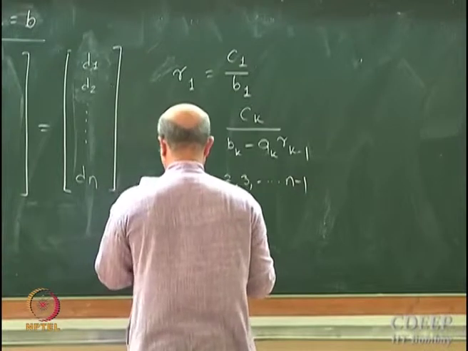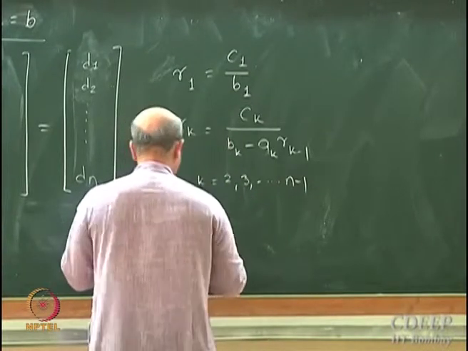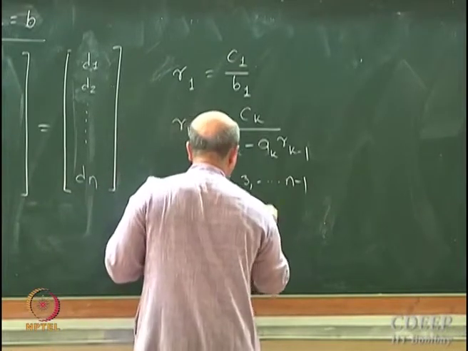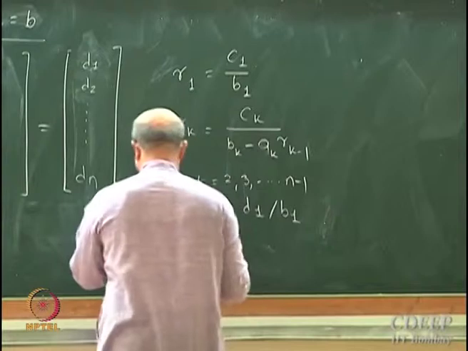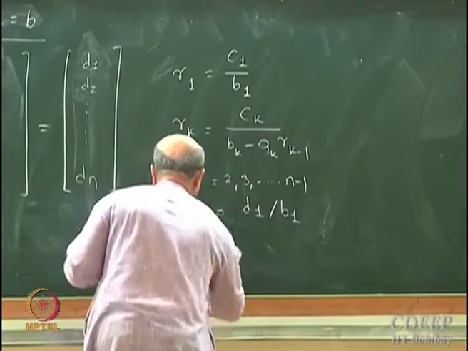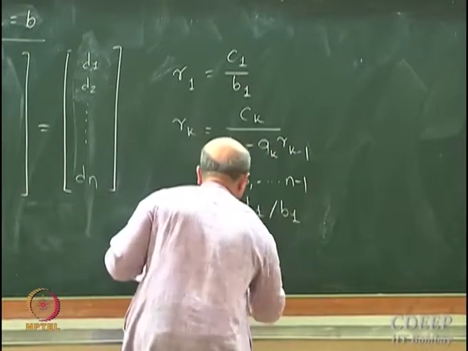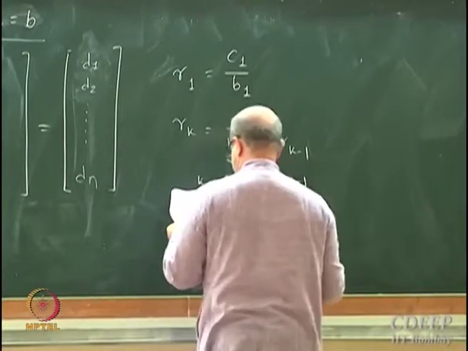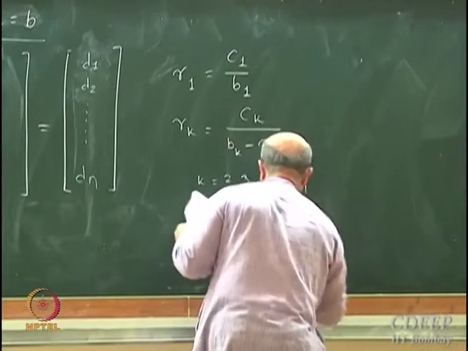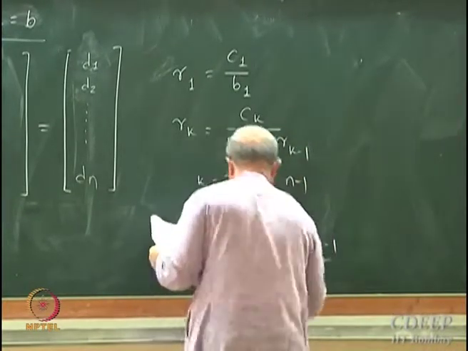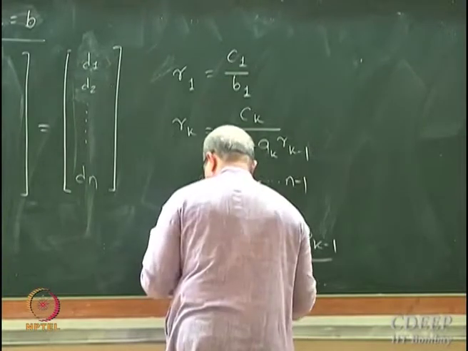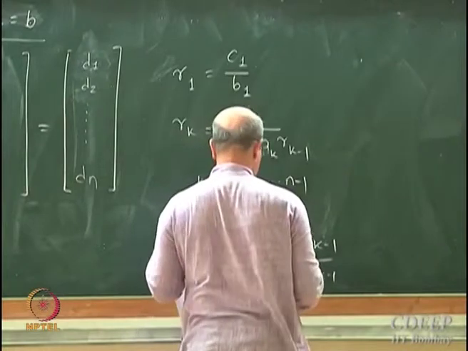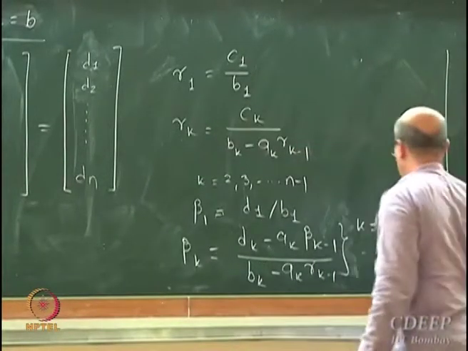Then I have beta 1 equal to d1 by b1, and beta k equal to dk minus ak beta k minus 1, divided by bk minus ak gamma k minus 1.